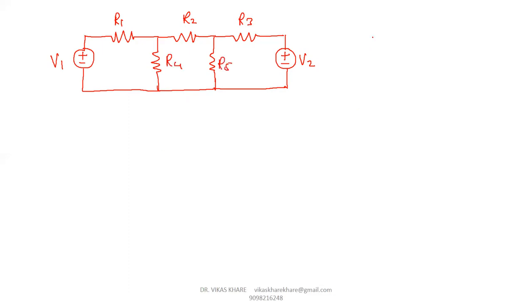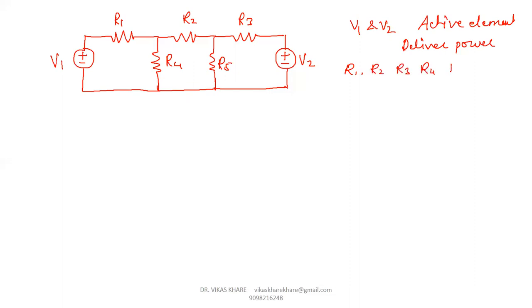V1 and V2 are active elements because they deliver power, and R1, R2, R3, R4, and R5 are passive elements because they receive power.